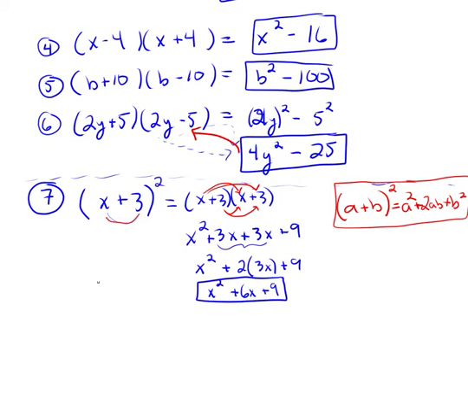Now, you ask yourself, can we do that with subtraction? And yes, we can. It follows that same thing. It just has a different sign at the end. But let's take a look at what happens with that. So if we think about, let's do x minus 3, that quantity squared.